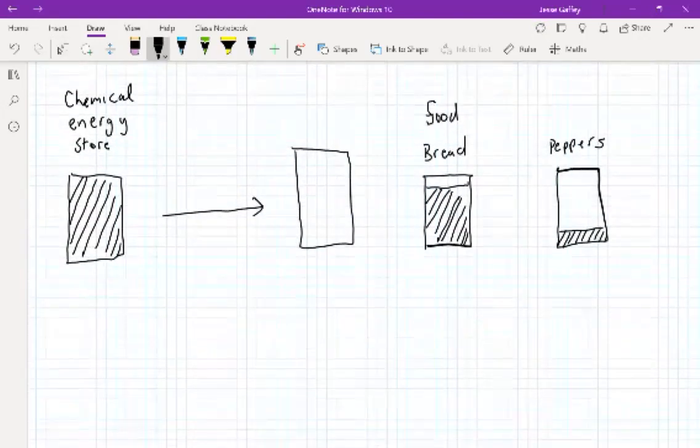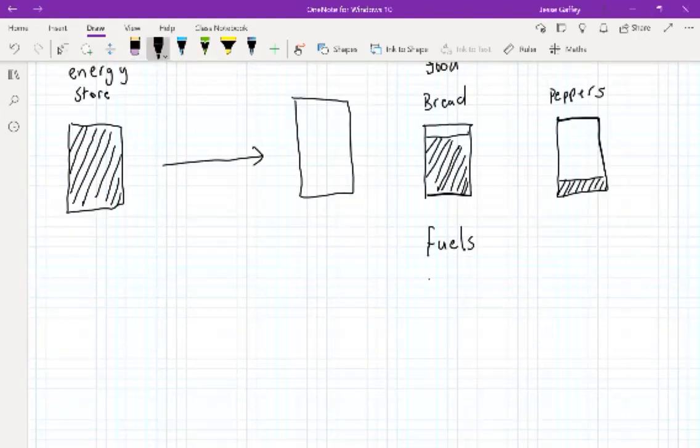We also talk about the chemical energy store for substances called fuels. And these are chemicals that we can burn and release energy. So things like coal and turf and gas and oil. These are chemicals that have a lot of energy in the chemical energy store. They're packed full of energy.